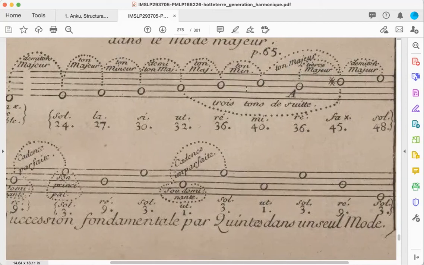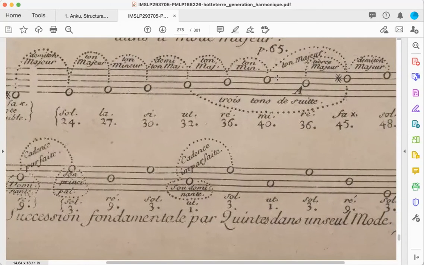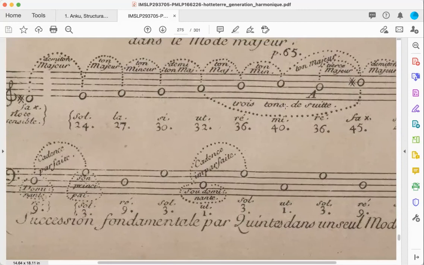First off, he points out that the Greeks always sort of separated their disjunct tetrachords. So we've got two conjunct tetrachords, F sharp up to B, and then B up to E, and then we would have a disjunction, right? So he's basically pointing out that the ancient Greeks knew about this problem that arose in fundamental bass theory, only they didn't have the kind of theoretical wherewithal to describe it accurately.